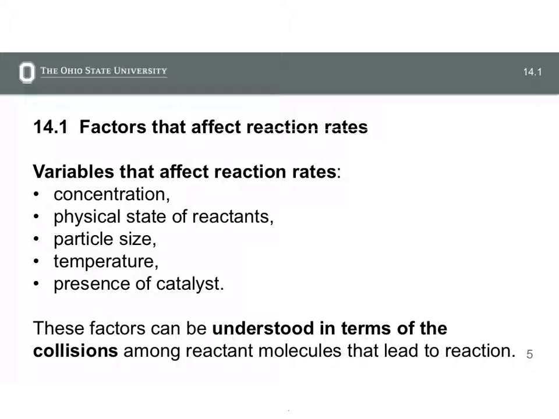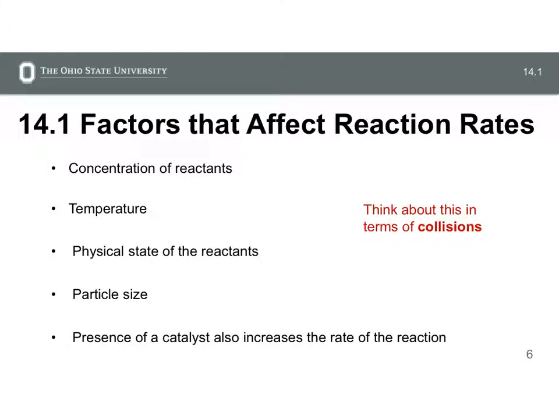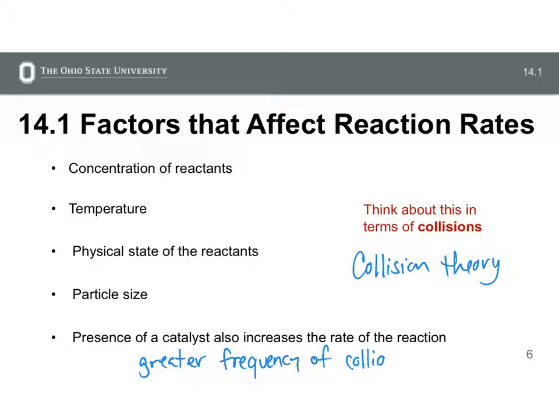So the main line of thinking that you want to have, when you're relating how all of these variables affect reaction rates, is with the collisions between reactants. Okay, I think I want to switch to my next slide here. So we use what we call collision theory, which basically just says if you have a greater frequency of collisions, the reaction occurs faster.